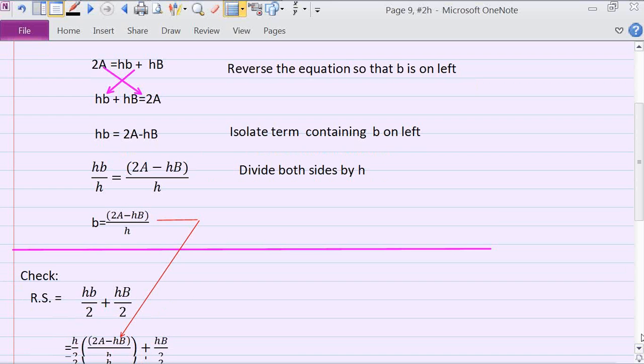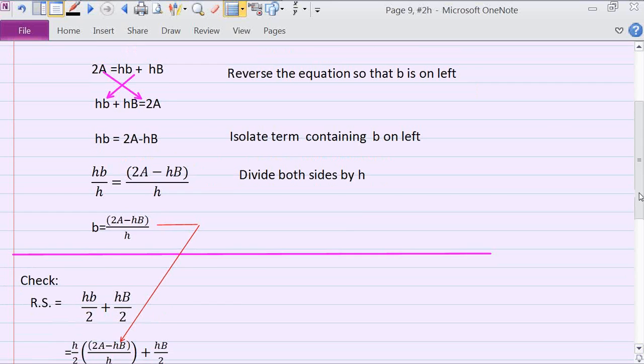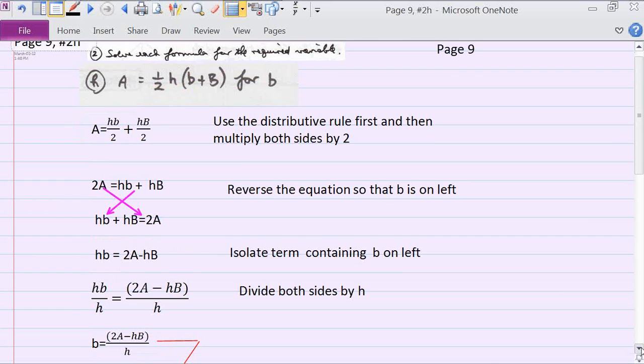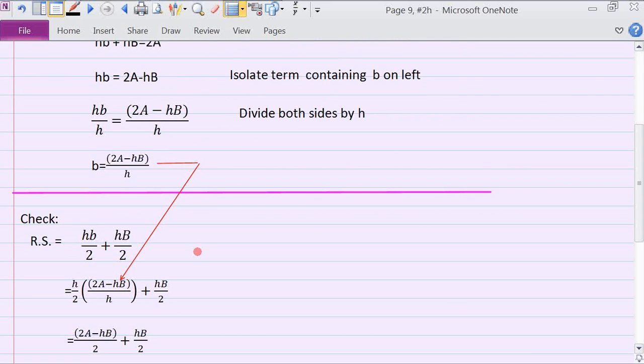So now I go back to the original equation right here, the right side, and I'm going to substitute for the small b. That's what I'm going to do. I'm going to start with the right side and substitute for the small b. Here's the right side, and I've substituted for the small b right here.